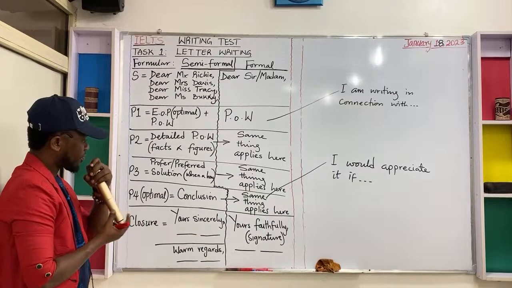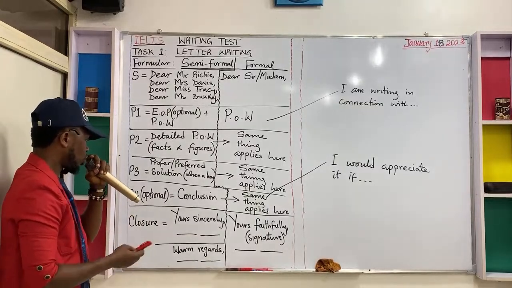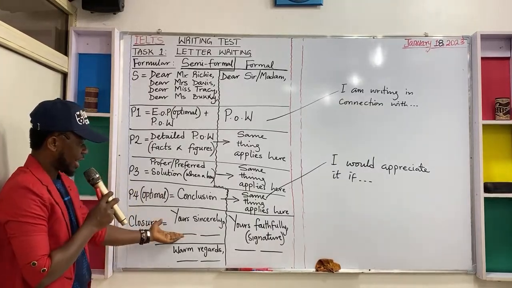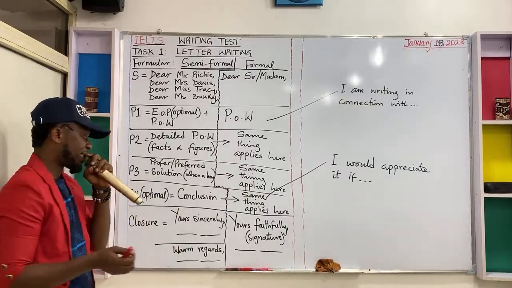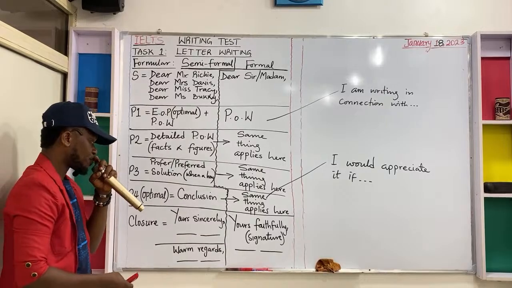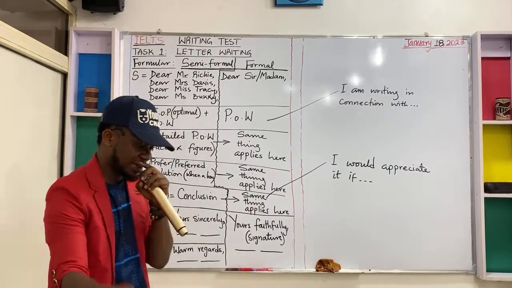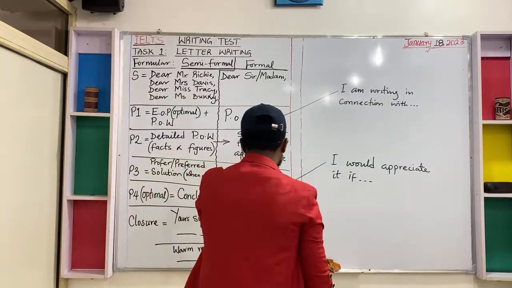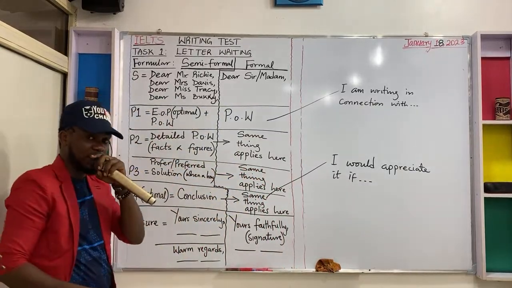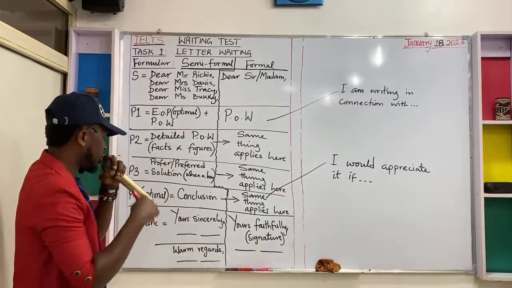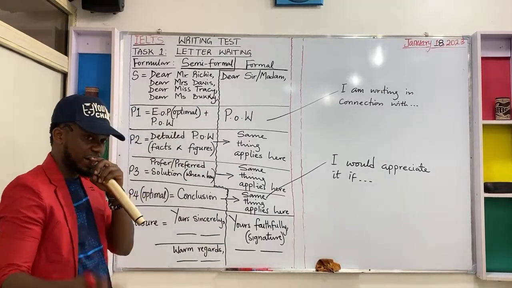Then, after the conclusion, your closure comes in. Like we said, you conclude, you close your letter by either saying yours sincerely, then your first and last name. Or you close your letter by saying warm regards, for semi-formal letters specifically, warm regards, then your first and last name.